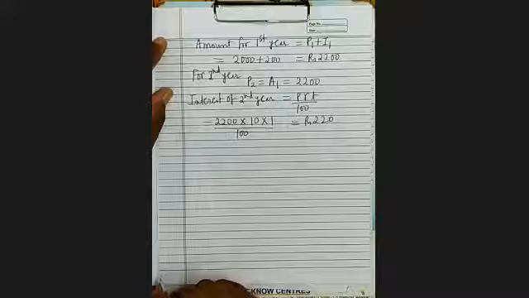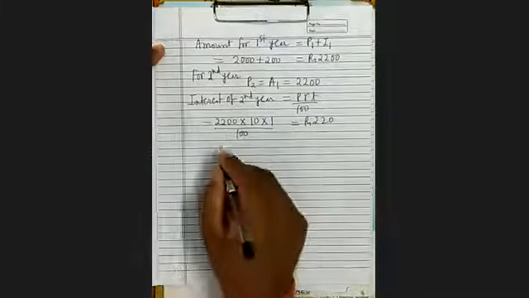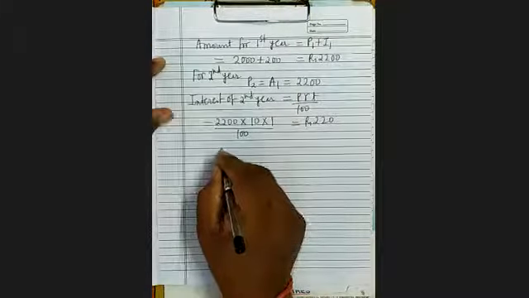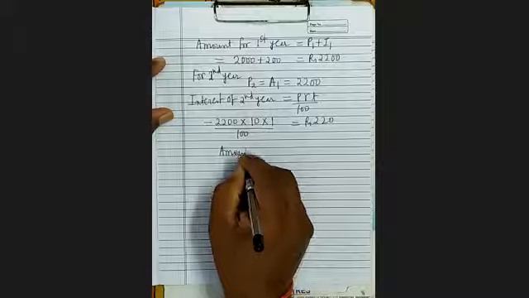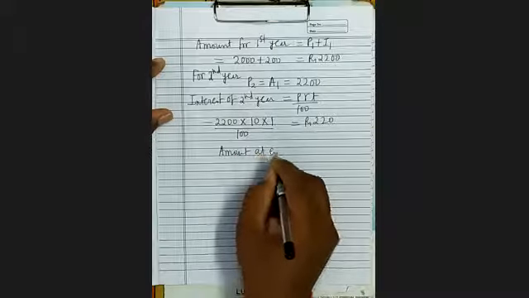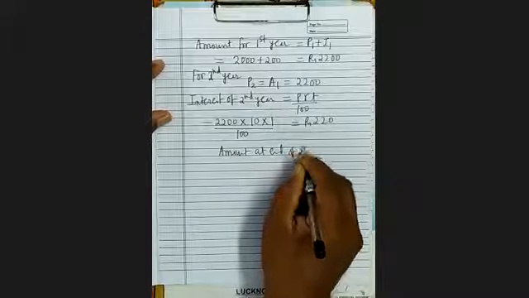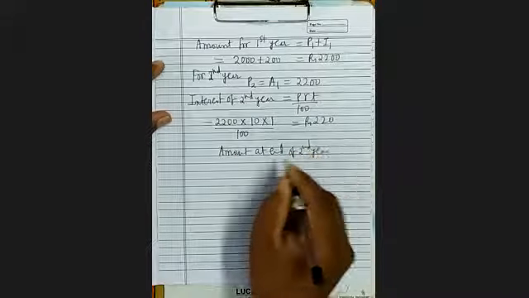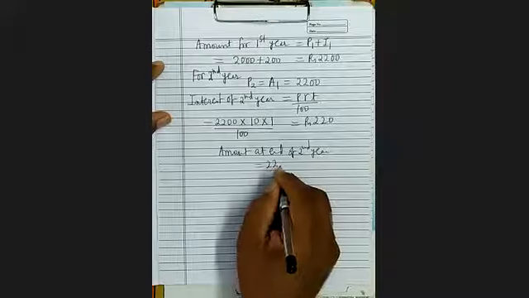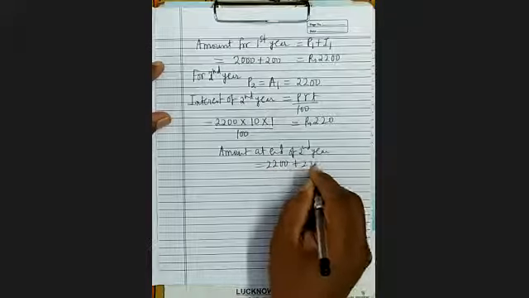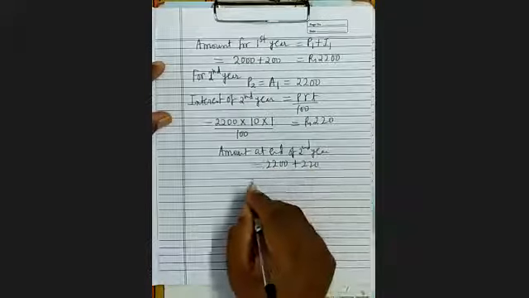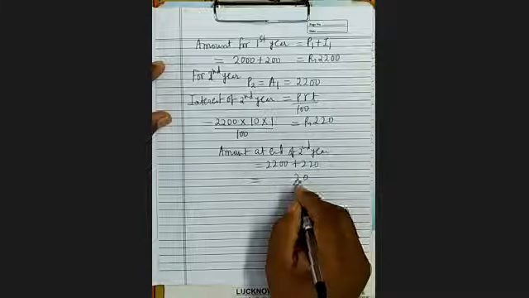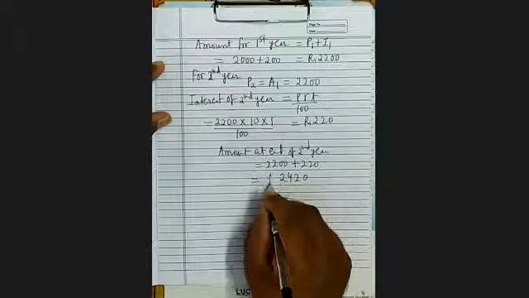After this, what will you find? You will find amount. So amount at the end of second year: 2200 plus 220. So this will be equals to how much? 2420.